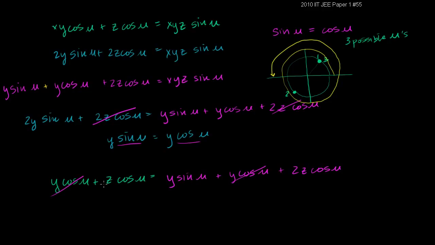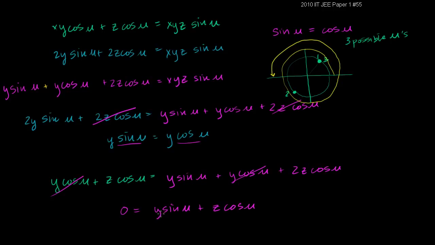We can subtract a z cosine of u from both sides. And so we would get 0 is equal to y sine of u plus z cosine of u. And this seems like a pretty benign statement.